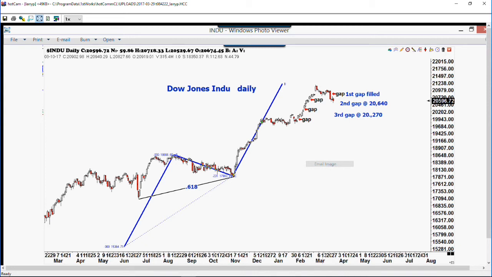What we've done now is we've put a little bit of a base pattern here at this 2317 level yesterday, because it was right at that 50% and 1.27 expansion numbers, and also had an ABCD structure to the downside.